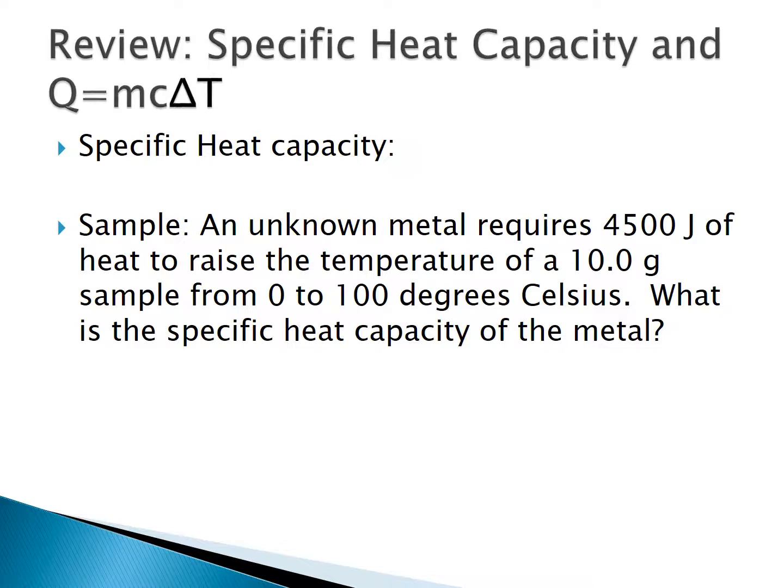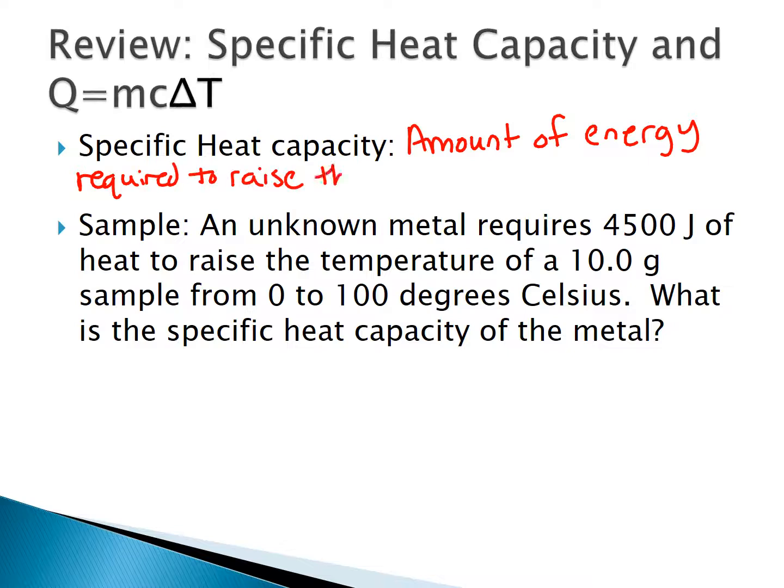Specific heat capacity of a substance is the amount of energy required to raise the temperature of 1 gram of the substance by 1 degree Celsius. Okay, so the units are joules per gram degrees Celsius.